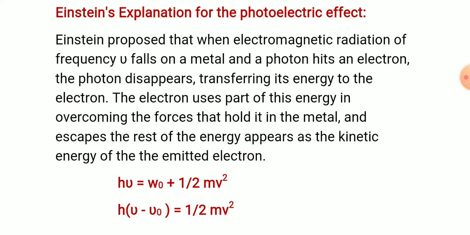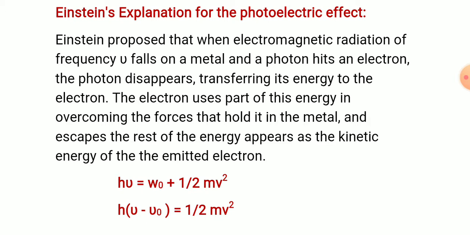So according to Einstein, the total energy falling on the metal surface is equal to the work function, the minimum energy required to eject the electron, plus half mv square, the kinetic energy of the electron. So the total energy is used to eject the electron and to increase its kinetic energy.